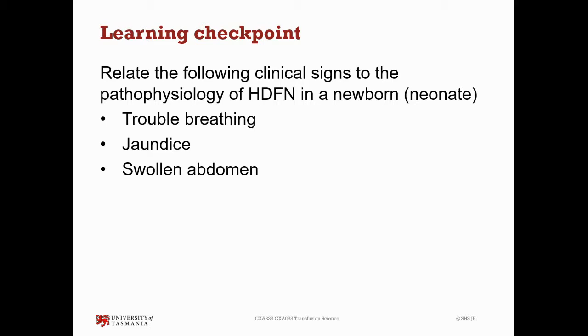Yep, liver, well done, Bassem. And swollen abdomen? That one's probably the hardest. Yep, so low albumin, so hypoalbuminemia, but also we would have the heart failure, which is causing the venous hypertension as well. So there's two things that are causing that. Well done.